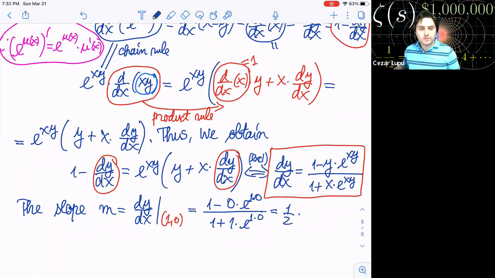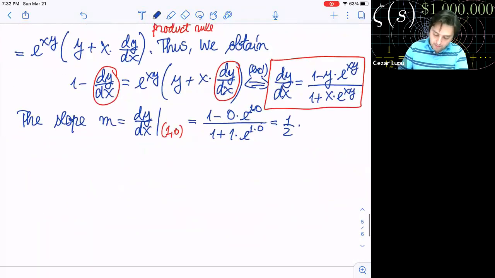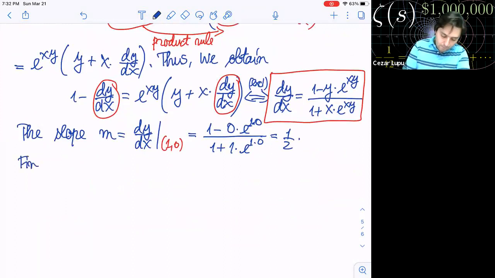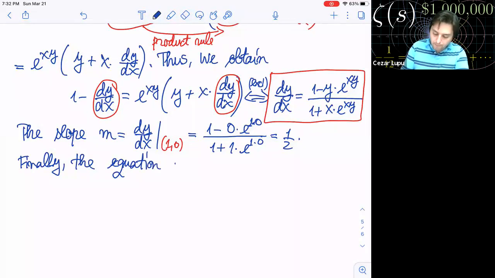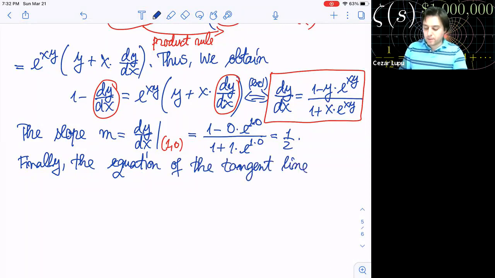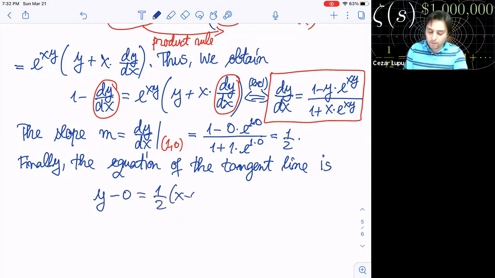And now, since the slope is 1/2, we can easily write the equation of the tangent line. So finally, the equation of the tangent line is, let's not forget, y minus 0, that was the point, equals the slope m, which is 1/2, times x minus 1.